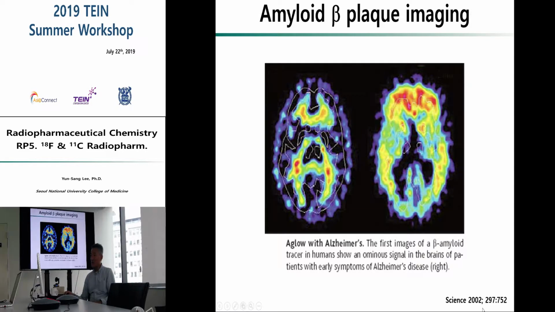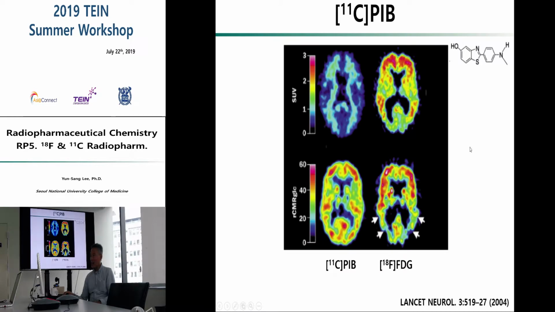In 2002, they reported that C11 PIB can image amyloid beta plaque in the living brain. And after that, a huge number of research studies are related to amyloid plaque imaging.